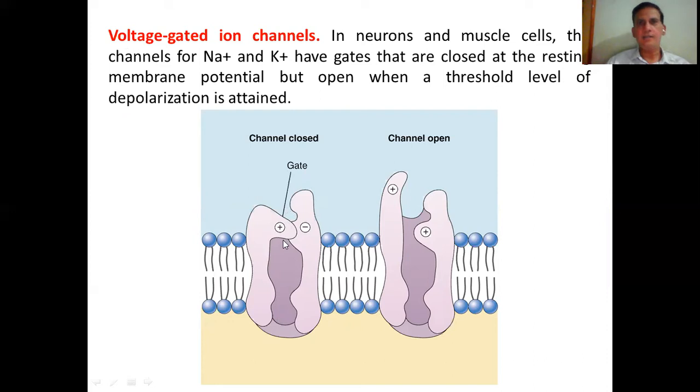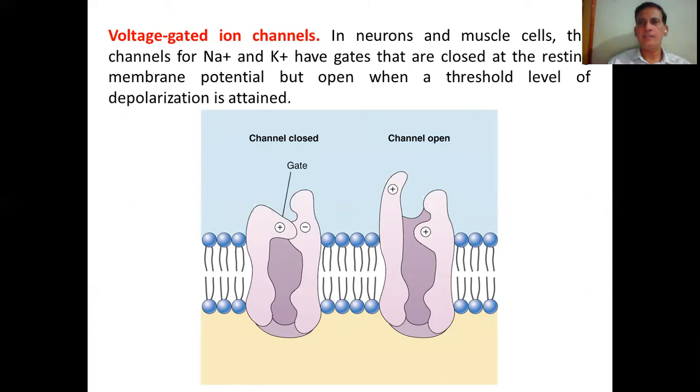Now, when a threshold level of depolarization is attained, threshold means a certain level after which the activity starts. For instance, let's say there is a bike or a car which is just lying idle. If somebody starts to push, there is an amount of force that is required to move the car or the bike.